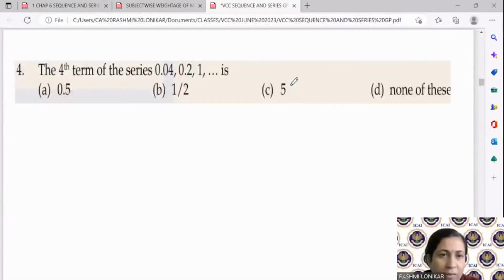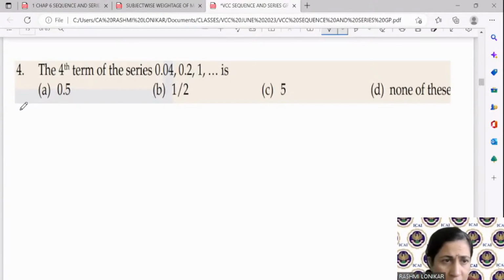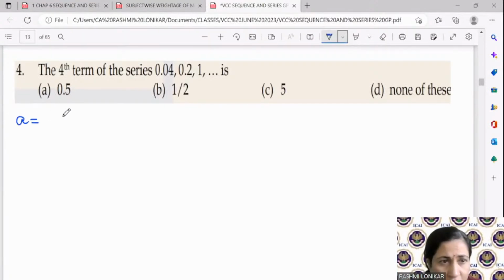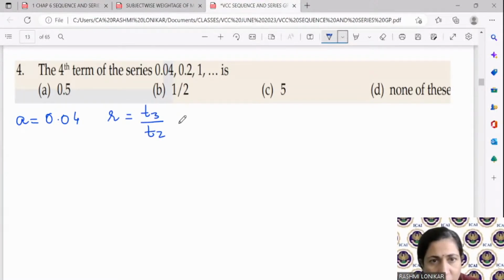Now let us find the fourth term of the series. A is 0.04. R is T3 upon T2, which is equal to 1 upon 0.2, which is equal to 5.